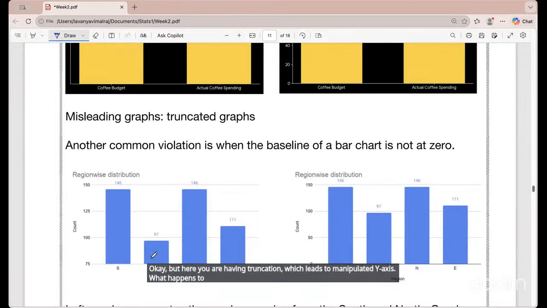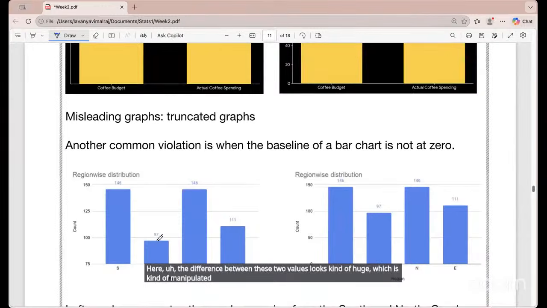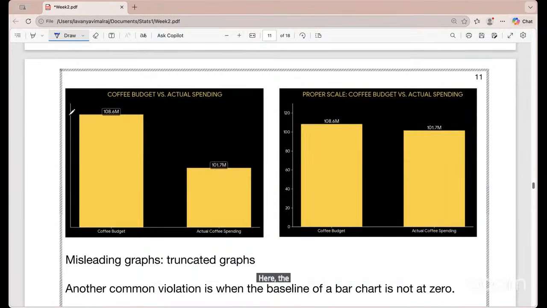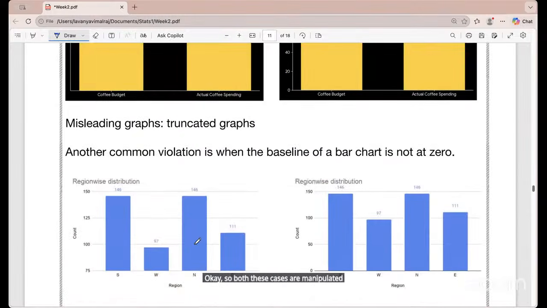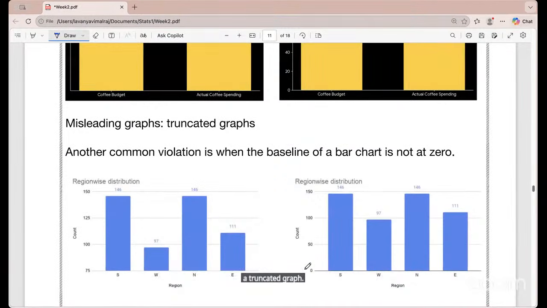Here the difference between these two values looks huge, which is kind of manipulated. The other sense is that sometimes the scale they have used, we are not sure. This is also a kind of manipulated y-axis. Both these cases are manipulated y-axis, but mostly it comes from a truncated graph.